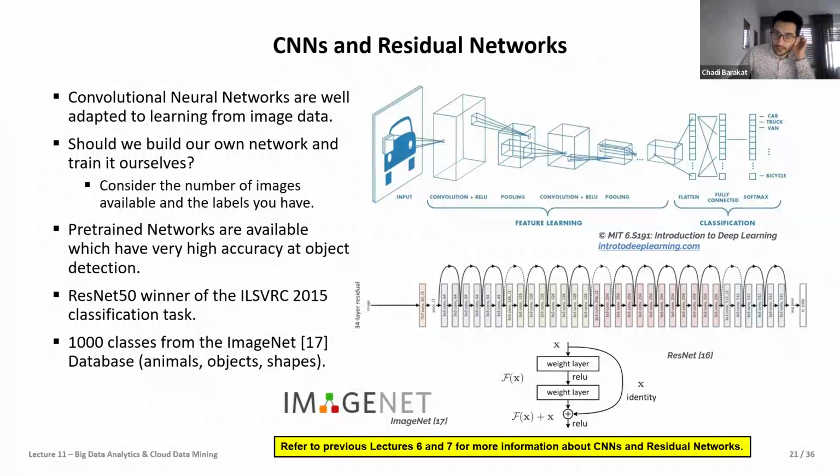So CNNs, and this is just a callback to lectures 6 and 7, where you saw how CNNs and residual networks work. CNNs are models that are really good at detecting objects in images.